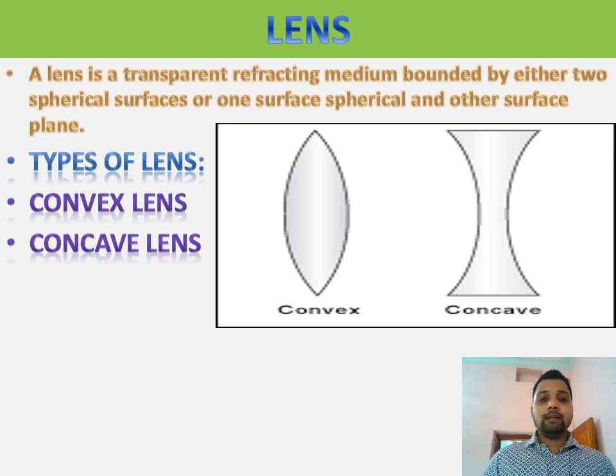If we look at the convex lens, it is thicker in the middle and thinner at the periphery, or outer part. But in the case of the concave lens, the middle part is thinner and the outer, peripheral part is thicker.